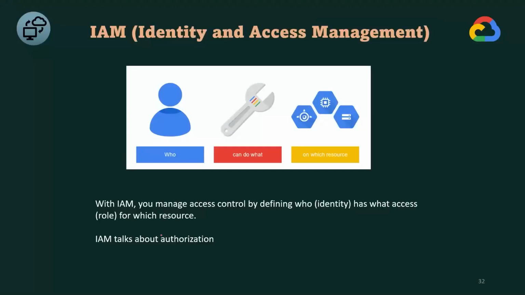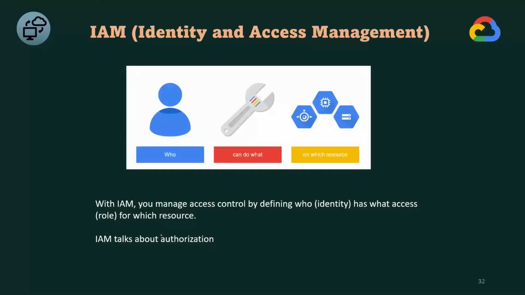Here you are going to talk about who can do what on which resource. It totally explains who can do what on which resource, nothing but authorization. Okay, with IAM you can manage the access control by defining who has what type of access to which resource.